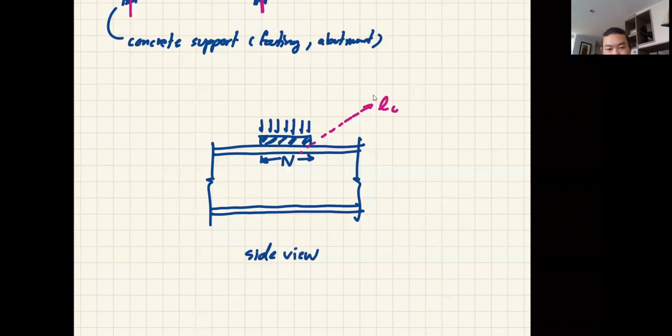The load comes in like this. It's going to cause yielding to your beam web. I wish to move this because I need space. The load is going to come in like this.